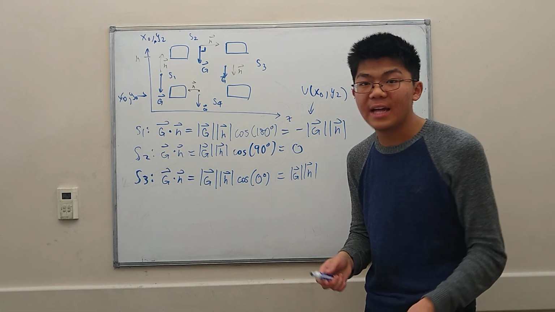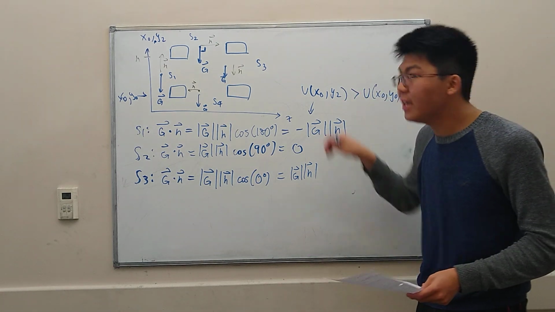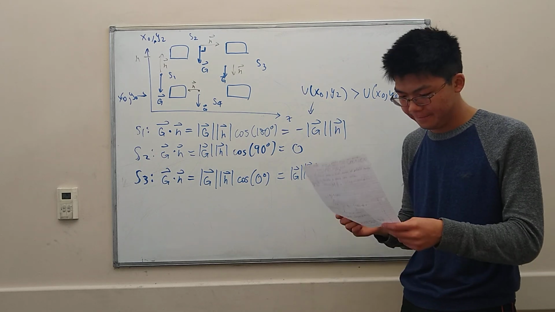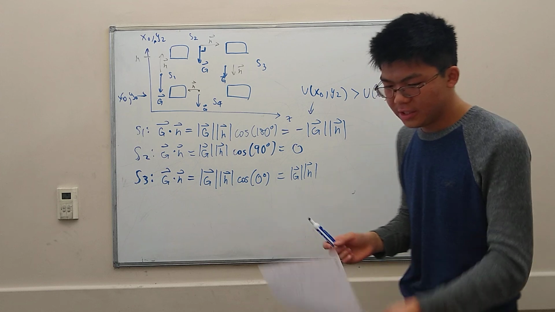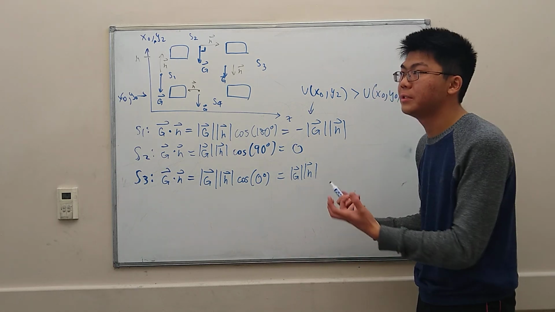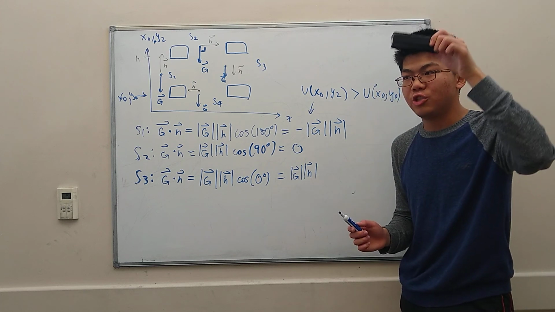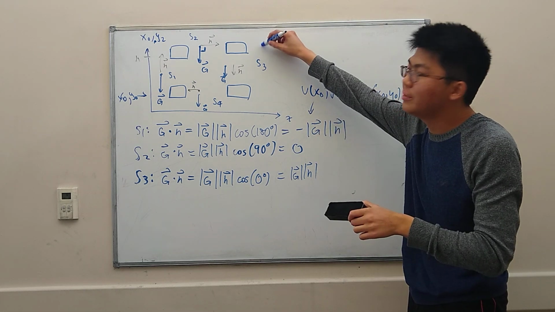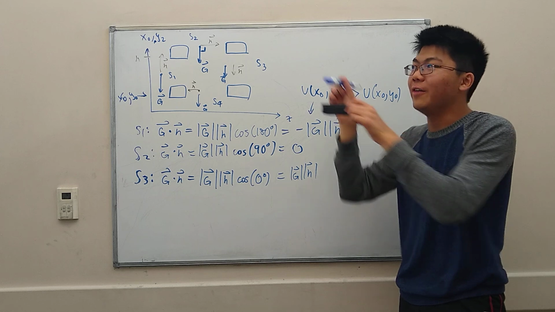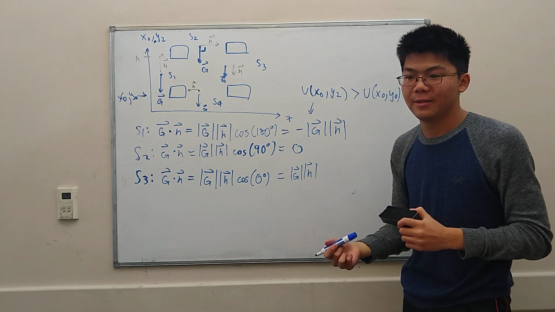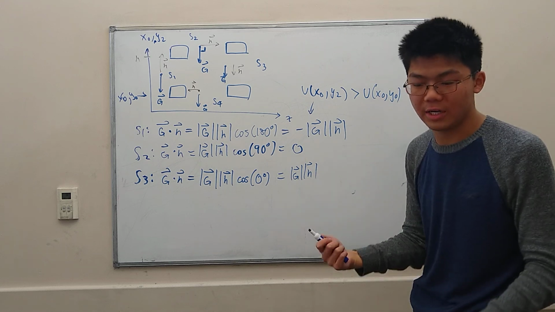Well, it means that gravity is doing positive work on the object because the result is positive. So, gravity consumes the object's kinetic energy right here, and gravity consumes the potential energy of the object right here, and translates that into kinetic energy. That's what we mean by positive work.